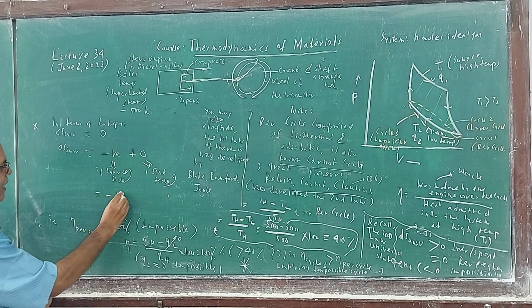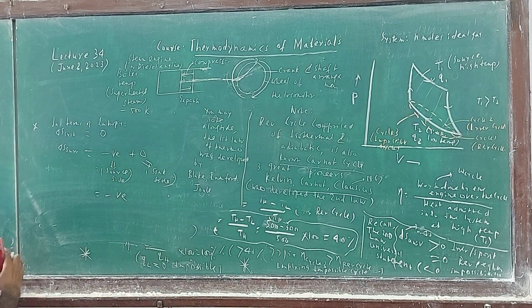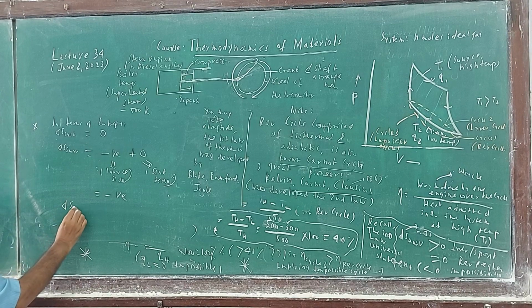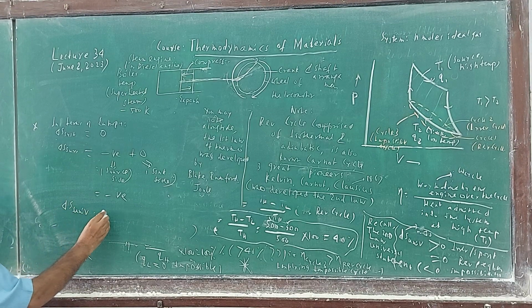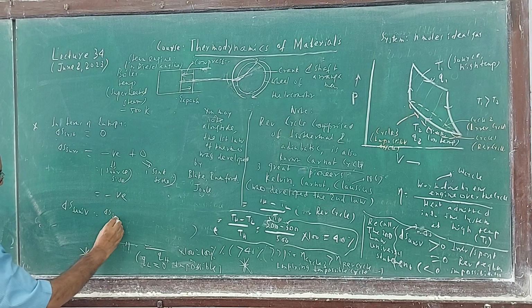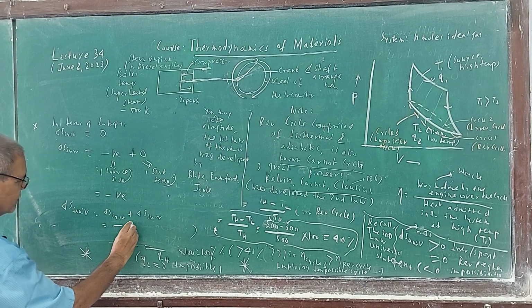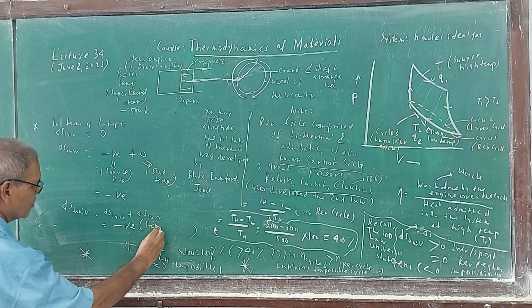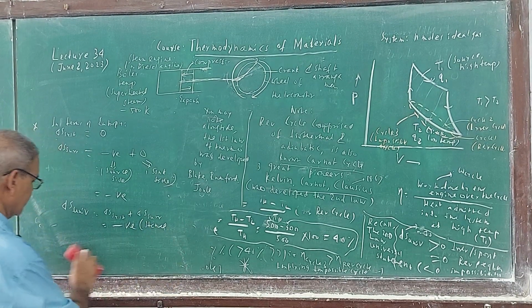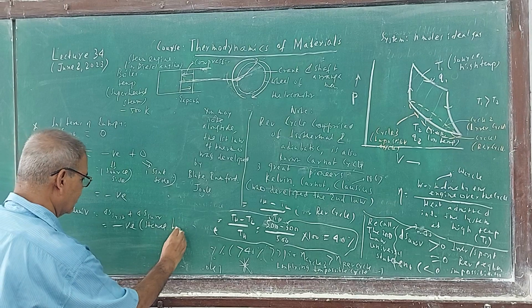What is delta universe? Delta universe is delta system plus delta surrounding, which is negative. Hence, it is impossible. So you are satisfied now.